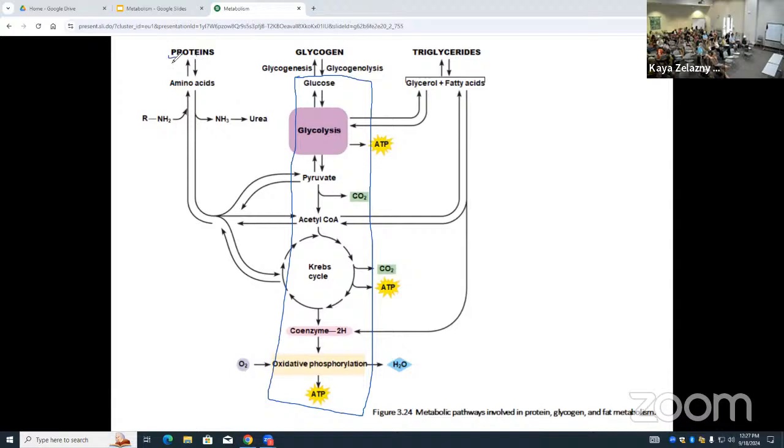So the proteins, you can see here, we would break proteins down into their amino acids, right? A protein is just a big folded chain of amino acids. Okay. We can take those proteins, and some of them we can use to make acetyl-CoA, right? So we can make acetyl-CoA from proteins and amino acids. Okay.